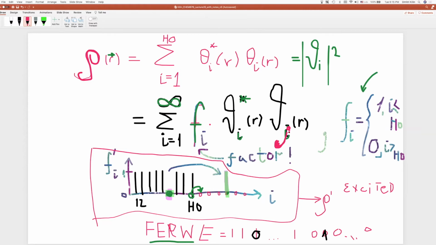We need to add something here. Because before it was i, and now you use another index, a different orbital. So we need another function for that.